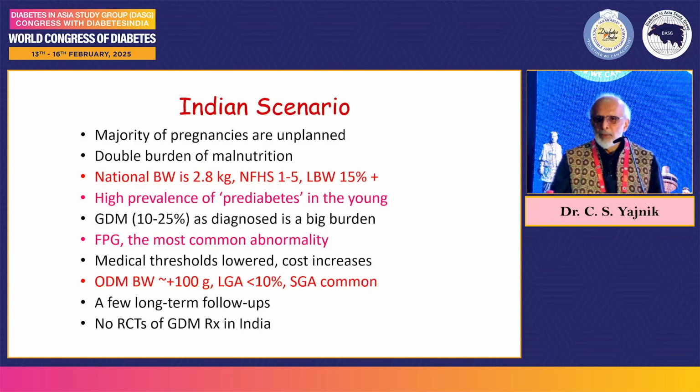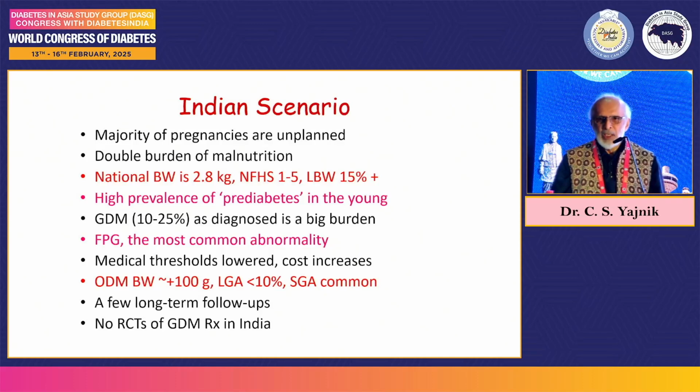Once you call a woman gestational diabetes, the medical thresholds are reduced, cesarean sections happen frequently, the cost of pregnancy increases, and a whole lot of iatrogenic factors are involved. Our babies in gestational diabetes pregnancies are about 100 grams heavier.